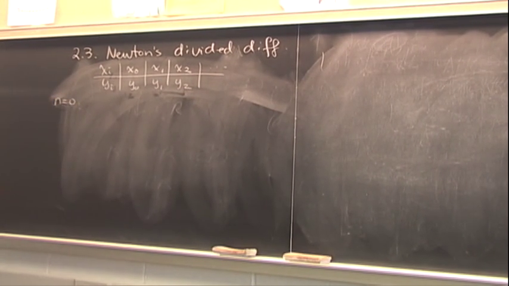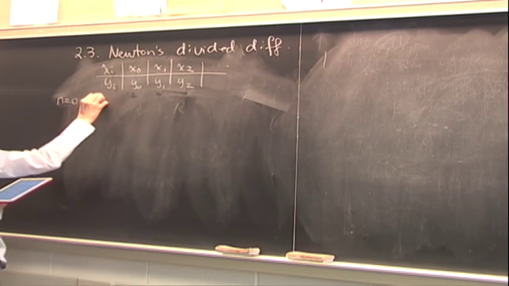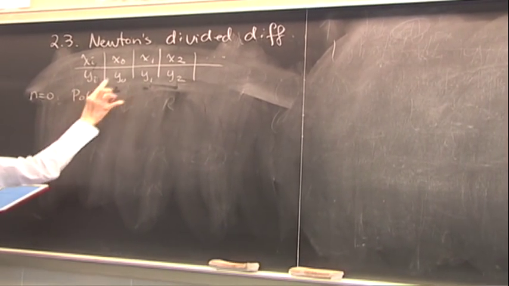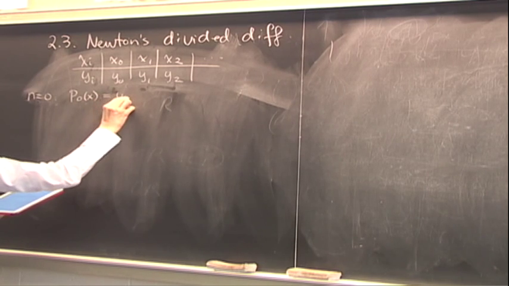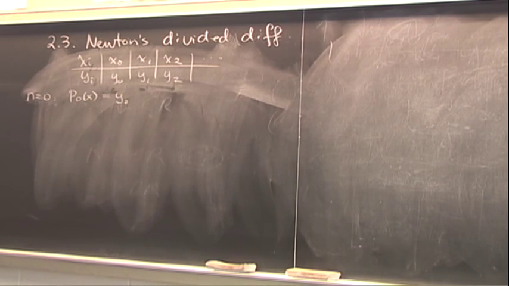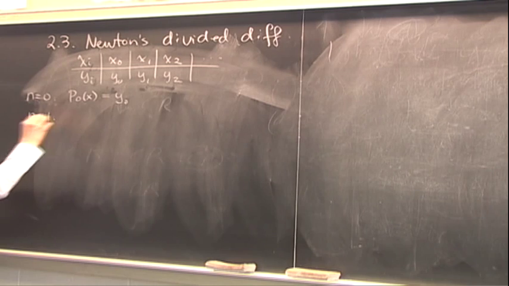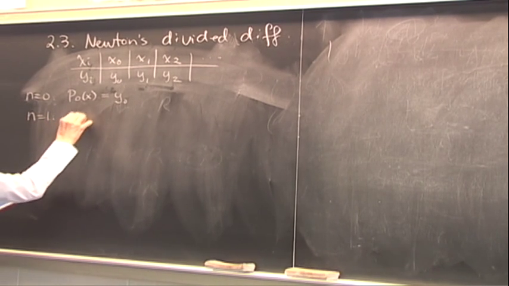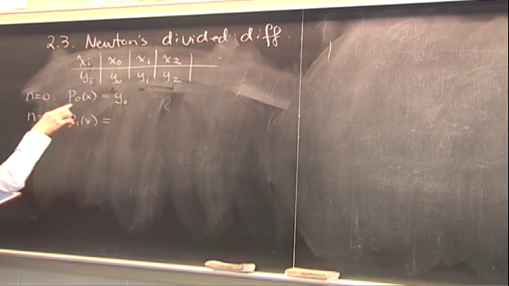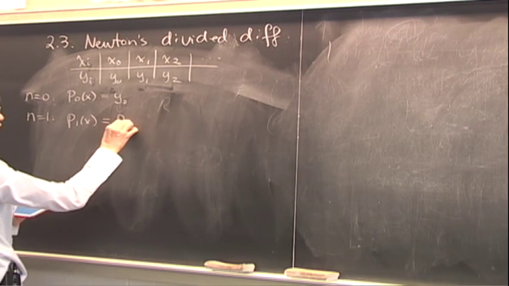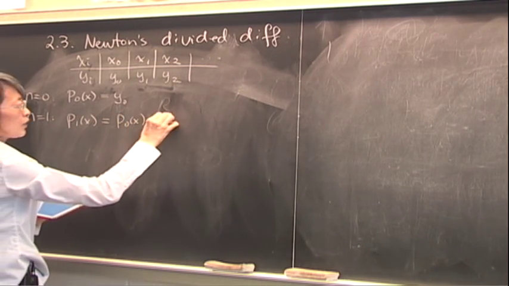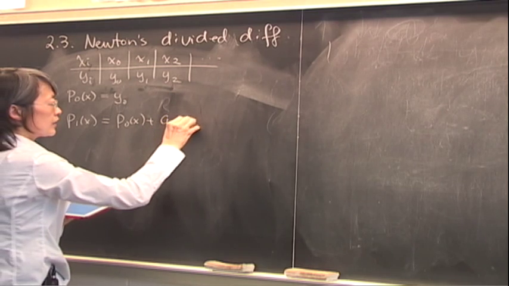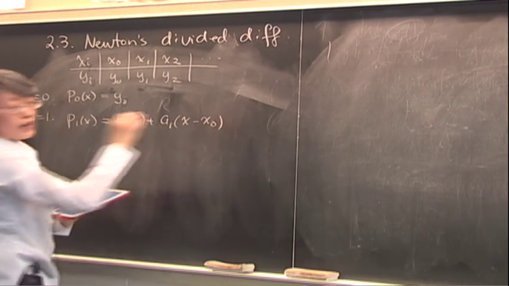So for n equals 0, you get a polynomial of degree 0, which interpolates the first point, so it's just a constant, right? This we had last time. So when n equals 1, we have a first polynomial P1 based on P0. You would take P0 and you add 1 term, it'll be A1 times (x minus x0).